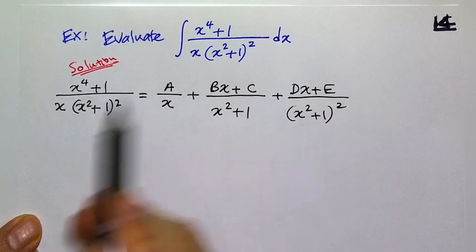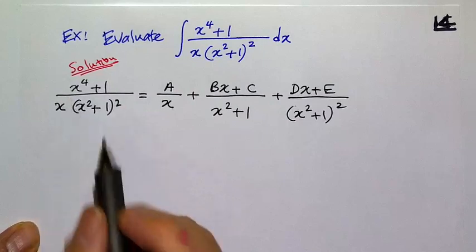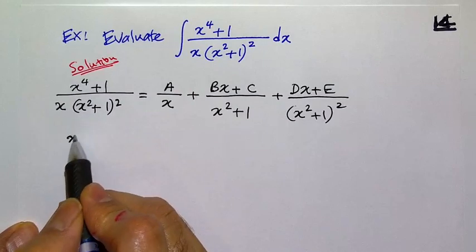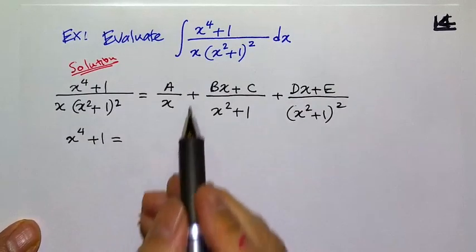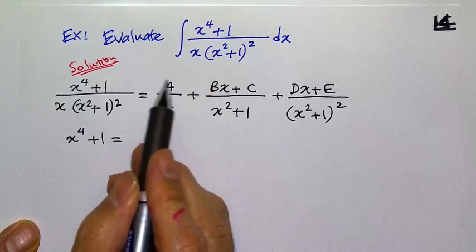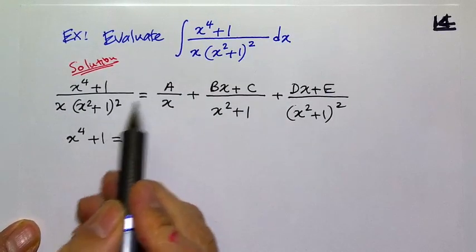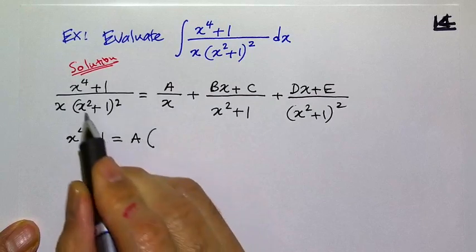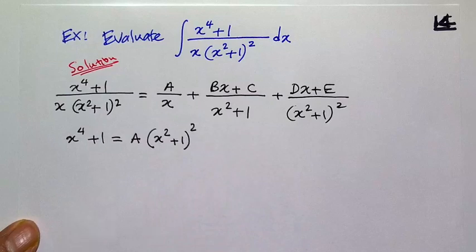Okay. Multiply both sides by this denominator. What do we get on the left? We get just x to the 4th plus 1 equals. On the right, when you multiply this first fraction by all of this, x and x cancel, you end up with A times whatever is left, x squared plus 1 squared.